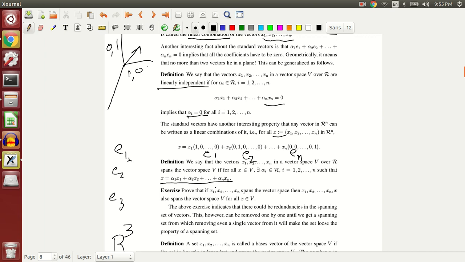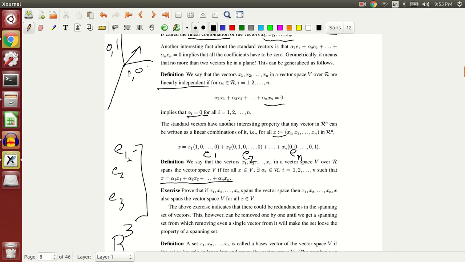So if you have a spanning set, you can reach any point in that space. So R3 is the space, and if you have these standard vectors as part of the spanning set, you can reach any point in R3, is what it's trying to say.